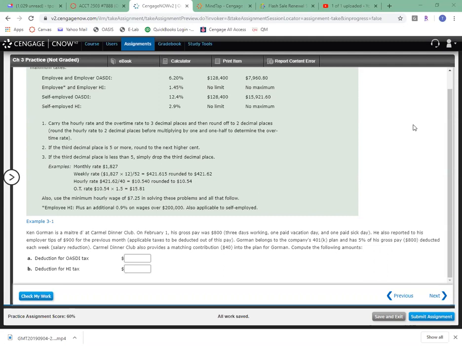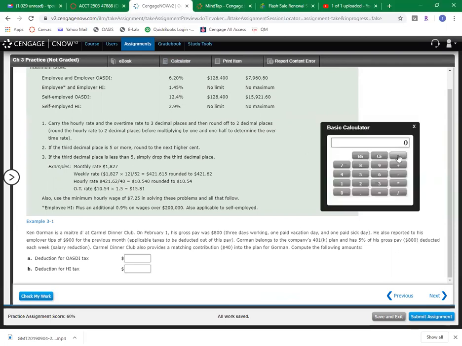But the employer's matching contribution is not calculated. So when we're calculating his taxable income, we would take the full gross pay of $800 plus the tips reported of $900. So his taxable income in this situation is $1,700, $800 plus $900. And then we would just take the 6.2%, 105.40.